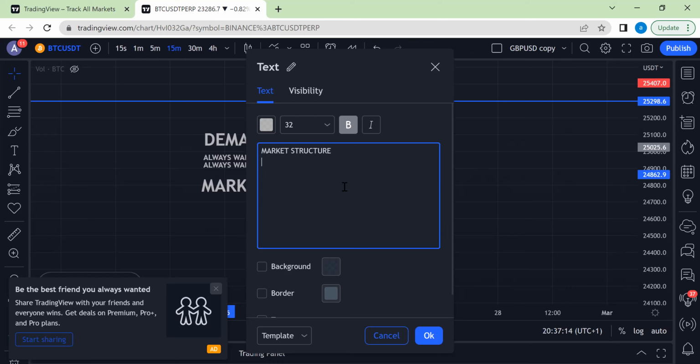So if price is going up, remember in the retail concept, we say that when price is going up, that means buyers are in control. That means price is buying, so it's going up. So if your market structure tells you that you are on an uptrend, you focus your trading more on what? On demand zones. So you only want to be trading from demand zones. That means you'll be buying, more buying, less selling.